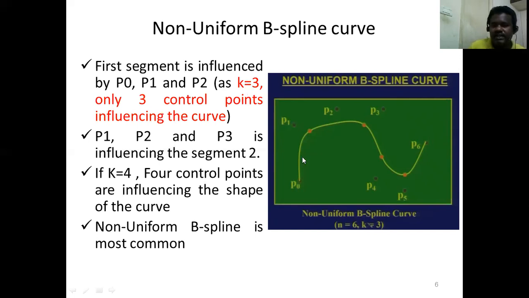So in this case, I have 5 segments, because I am choosing 3 control points to influence a particular segment. Here k is equal to 4 would mean 4 control points are influencing the shape of the curve. This is known as a non-uniform B-spline curve. What is non-uniform? That we shall discuss in the next slide.